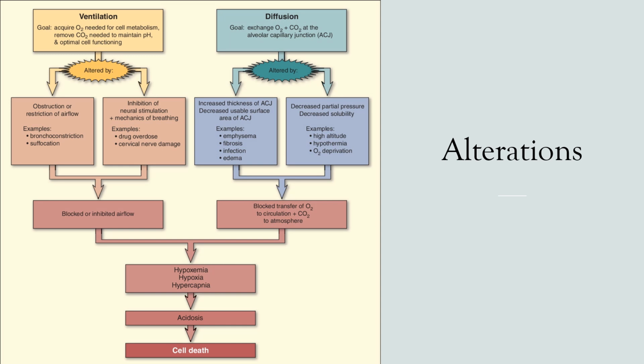And we see that at high altitude or in any condition where there's oxygen deprivation. And that'll block the transfer of oxygen to the circulation and the removal of CO2. Okay, so I think this is a great tool to just kind of break down for you the different ways in which the pulmonary system gets compromised.